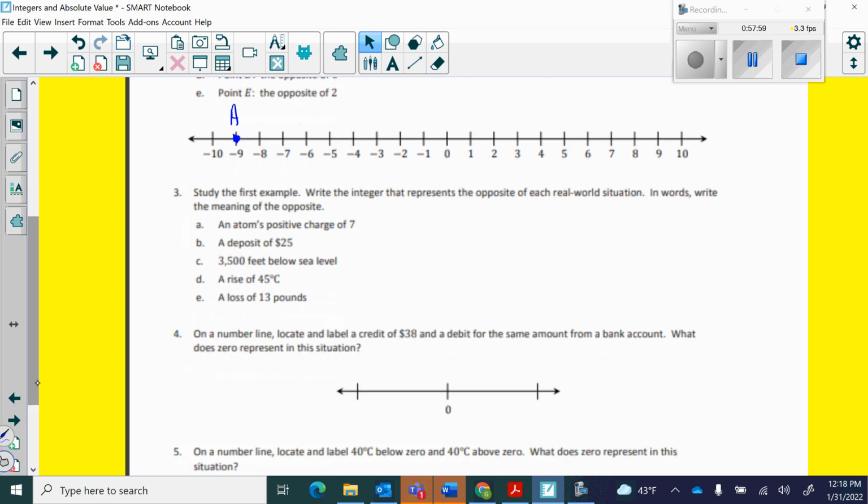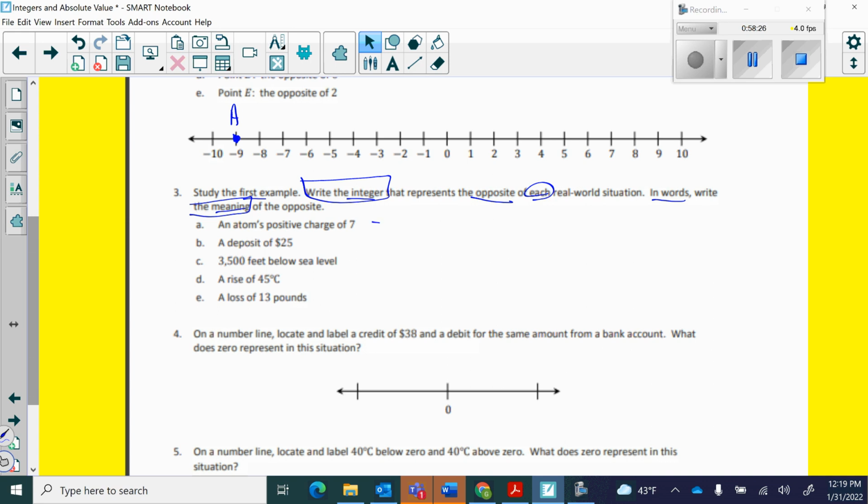Our third section. Study the first example. Write the integer that represents the opposite of each real-world situation. And then in words, write the meaning of the opposite. So there's 2 pieces. Write the integer and the meaning of the opposite. So our first one says an atom's positive charge of 7. So the opposite would be what? Negative 7.